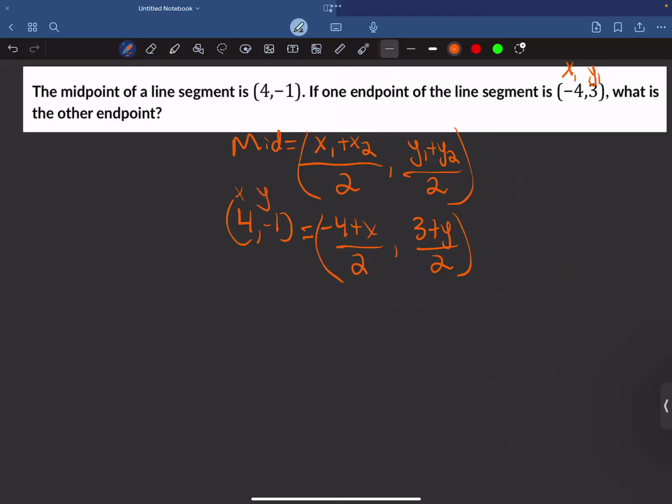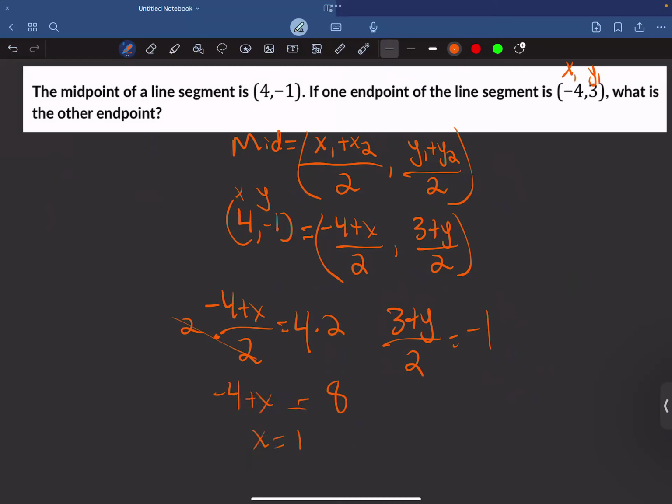We split these apart. -4 plus x over 2 equals 4. And 3 plus y over 2 equals -1. Multiply both sides by 2. x is going to equal 12. We add 4. Multiply both sides by 2.